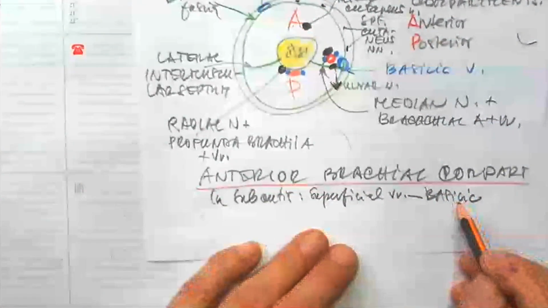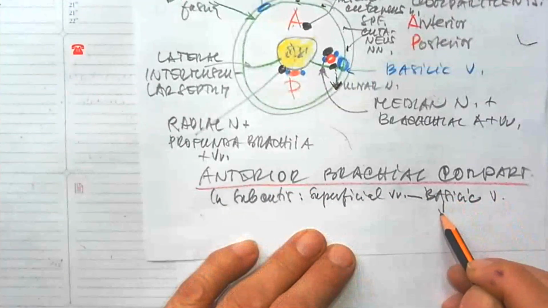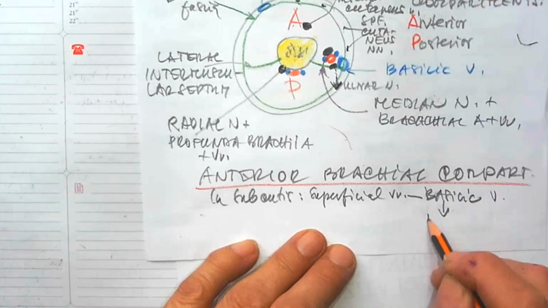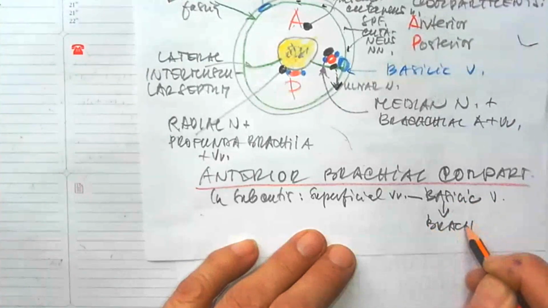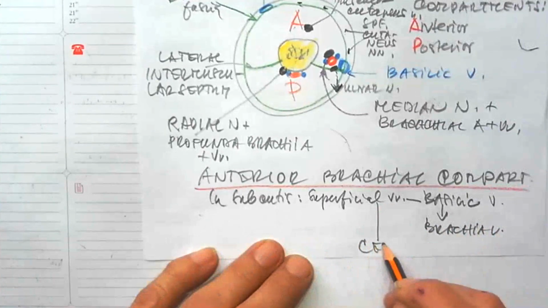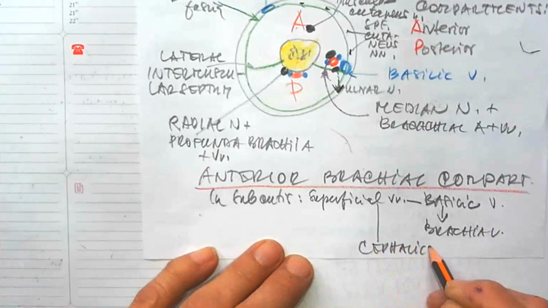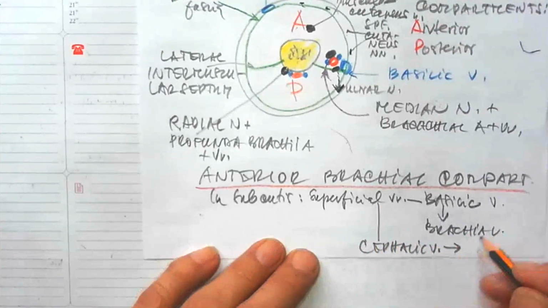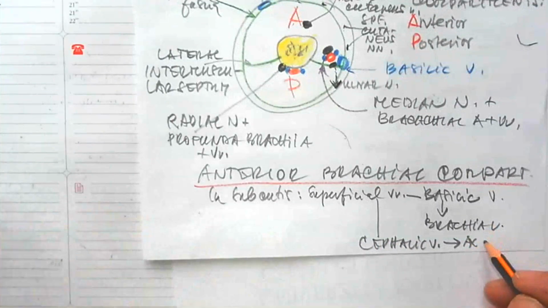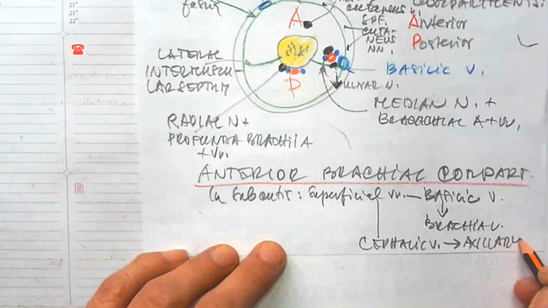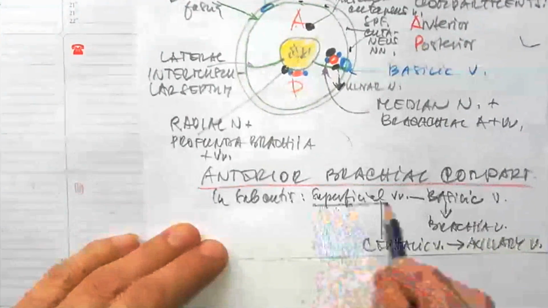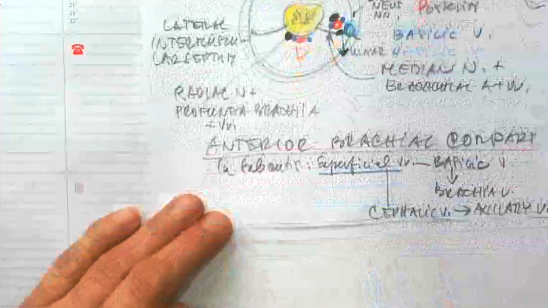It's not bad to know that the basilic vein opens into the brachial vein, and the second one is the cephalic vein, and it opens into the axillary vein. So they have different drainage, the superficial veins basilic and cephalic. Good.